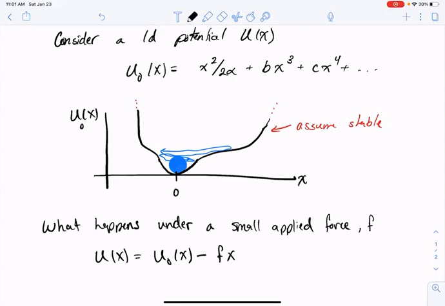So what's going to happen? We should expect, for example, that the average position of our little blue particle evolving in this potential will change. And let's try to understand concretely and quantitatively, in the limit that f is small, what is that change? What is the response of this particle in terms of its average position under the applied force?